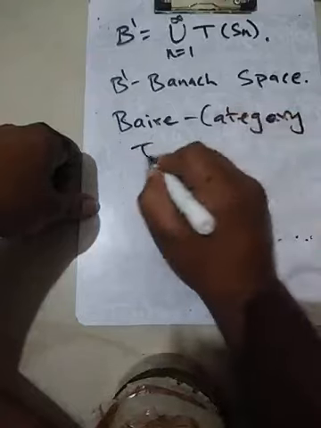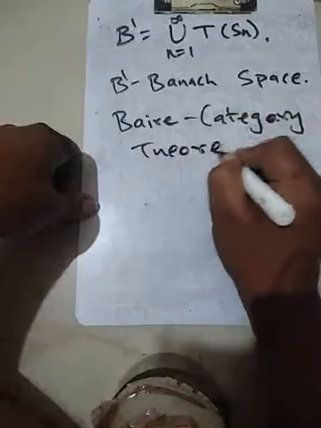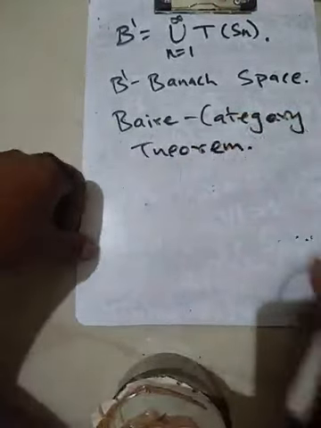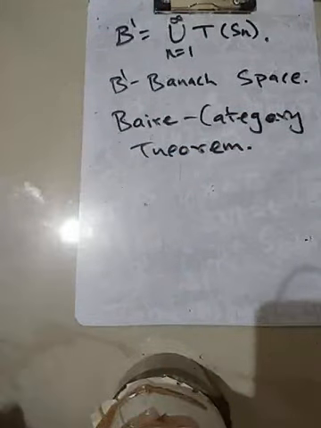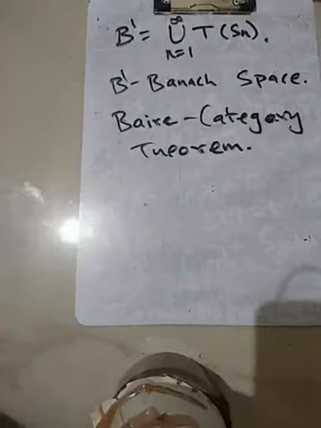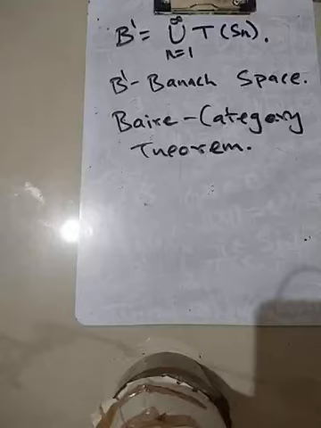The Baire category theorem gives that if you have a complete metric space and you write it as a countable union of sets, then at least one of the sets must not be a nowhere dense set.